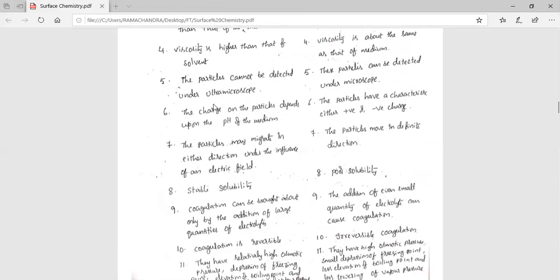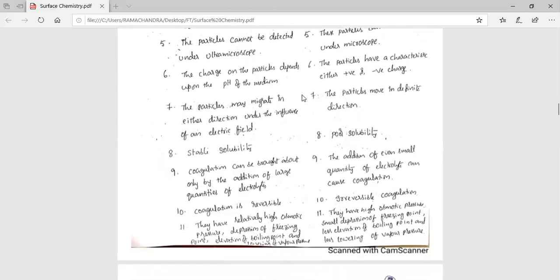Next, coming to detection: lyophilic particles cannot be detected under an ultramicroscope, whereas lyophobic particles can be detected under the microscope.